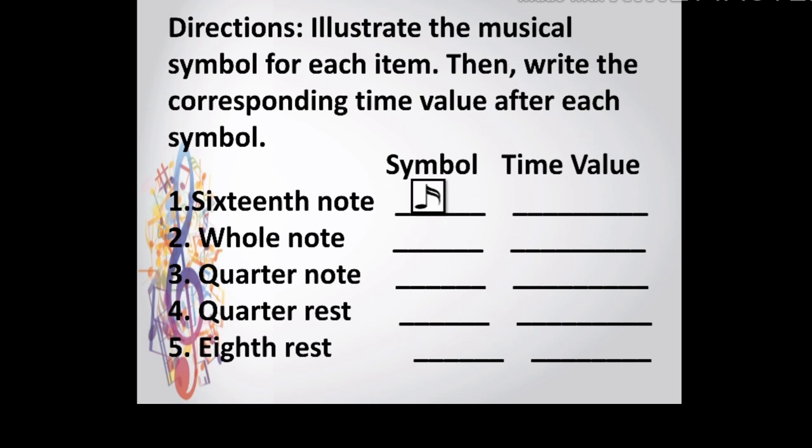The time value is 1/4 beat. For number 2, whole note. And the time value is 4 beats. For number 3, quarter note. And the time value is 1 beat.